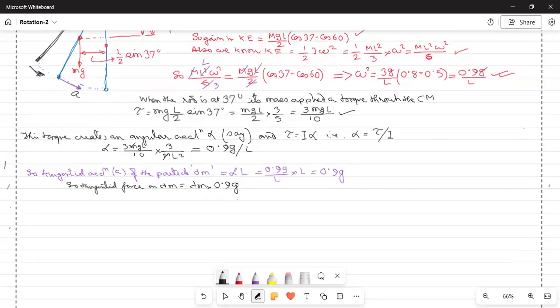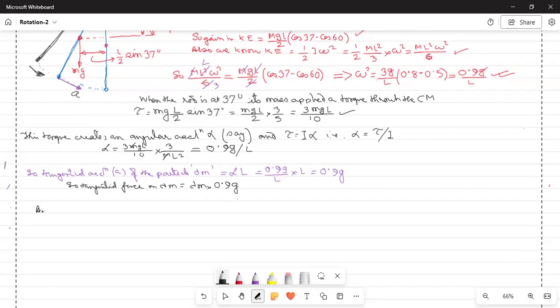Now, as we said at the very beginning, it has got a tangential force and a centripetal force. What is the centripetal force, you remember? It is mv square by r, where r is the radius of rotation.